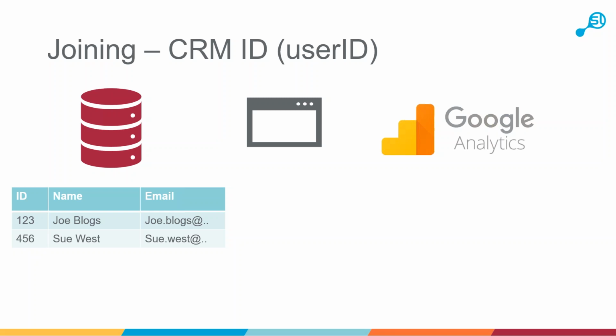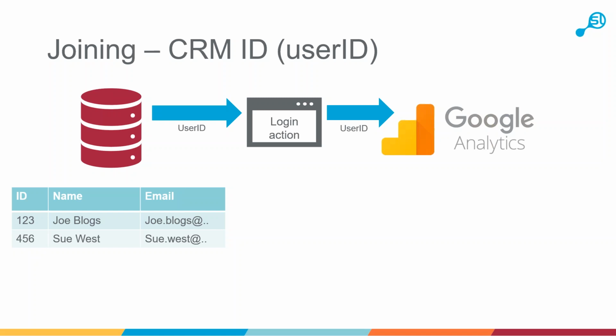How it works here is there would need to be a login action. So this requires some sort of login facility. When a user logs in, the user ID is passed from the CRM into the web browser, and then from the web browser we can use Google Tag Manager to capture the user ID and insert it into Google Analytics.